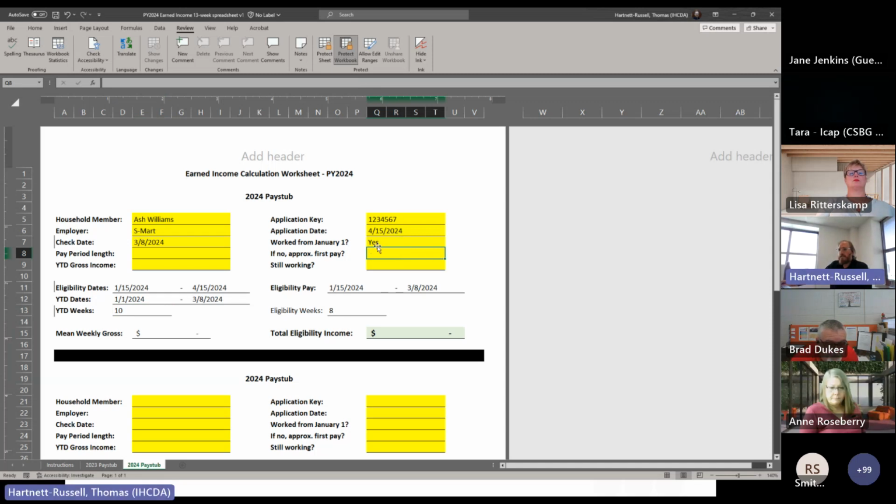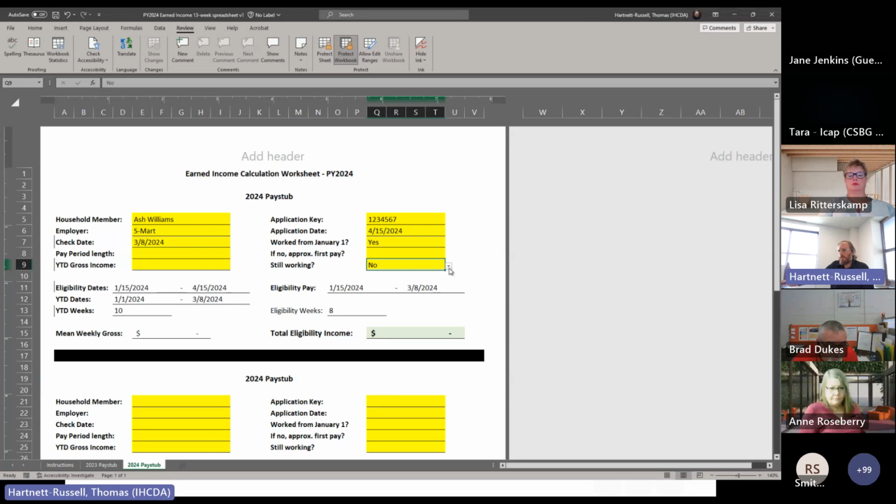Since we said yes, that they worked from January 1st, we do not have to enter anything for the approximate first pay. However, since we said that Ash is no longer working, I'm going to say no, he's no longer working.